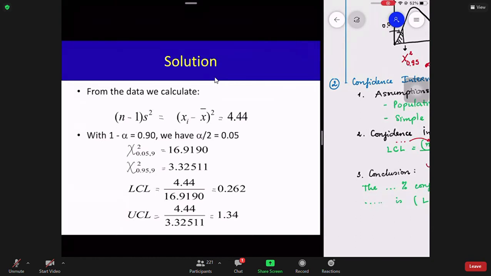From the calculation, we have this one here. So chi-square 0.05 with 9 degrees of freedom is equal to 16.9, and chi-square 0.95 is 3.33. And then all we need to do is apply the formula, and then we have the lower confidence limit and the upper confidence limit.